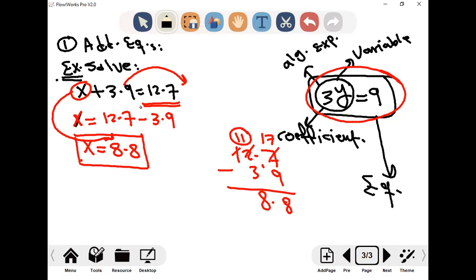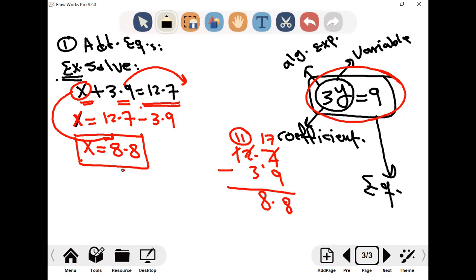The meaning of unique solution: no other solutions, only this. Got it? So the solution of the equation should make the equation correct, true. If you got 8.8 plus 3.9 and the answer is not 12.7, it means this answer is incorrect.